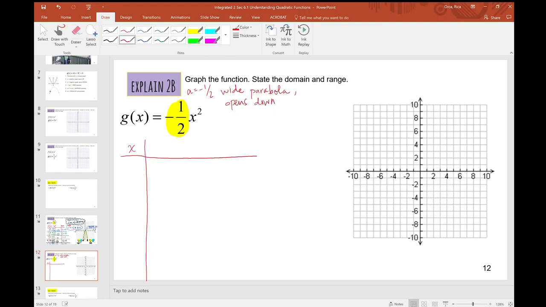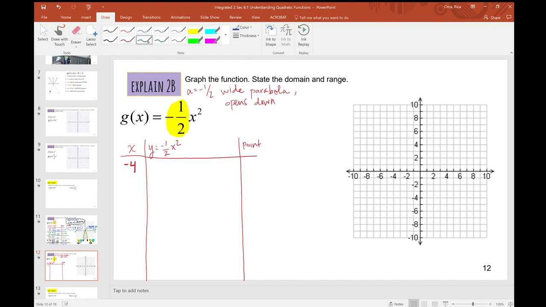Let's go back to our table. Y equals -1/2 x squared. And our third column is going to be reserved for our point. Let's start off with -4.